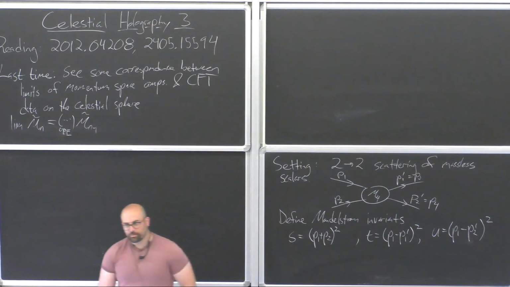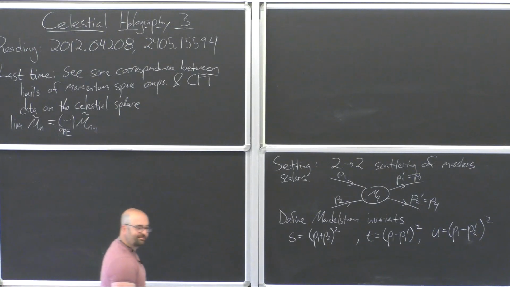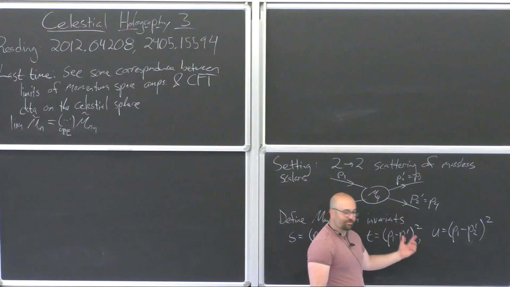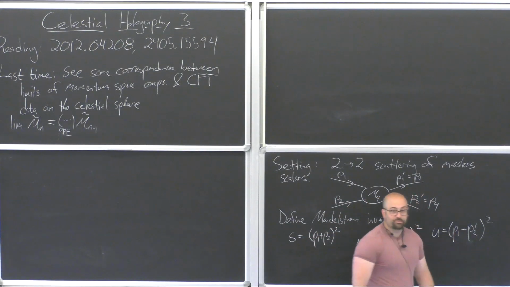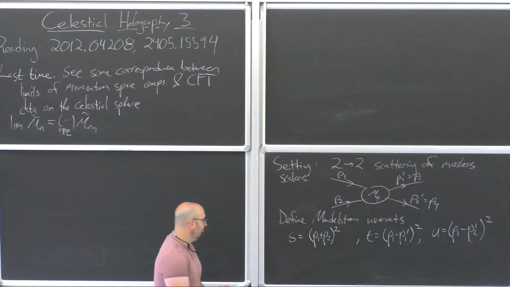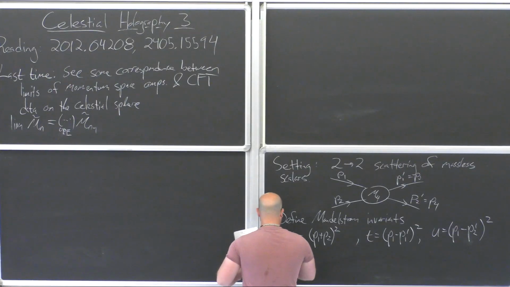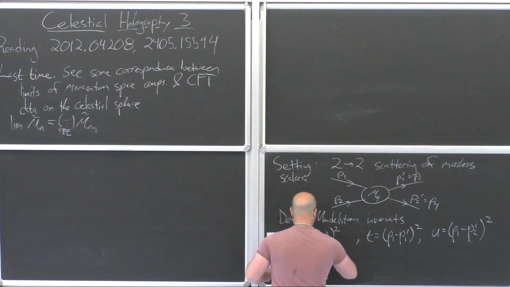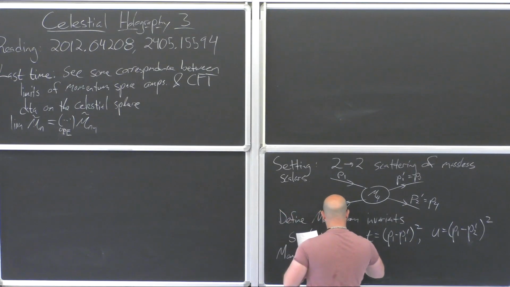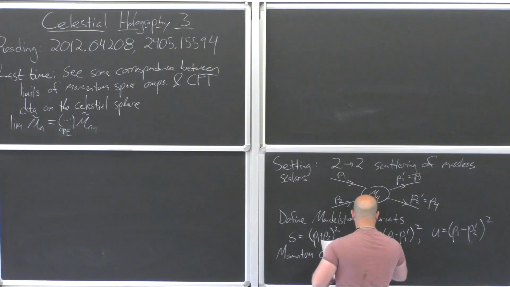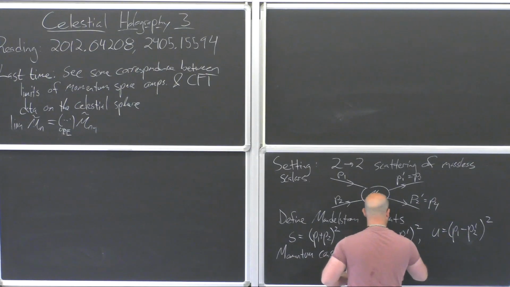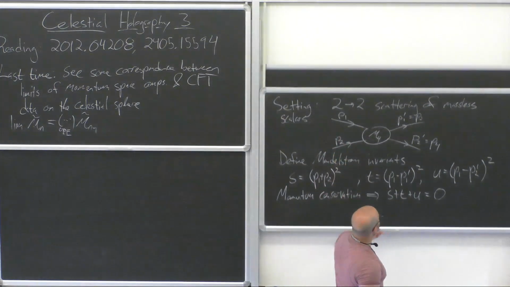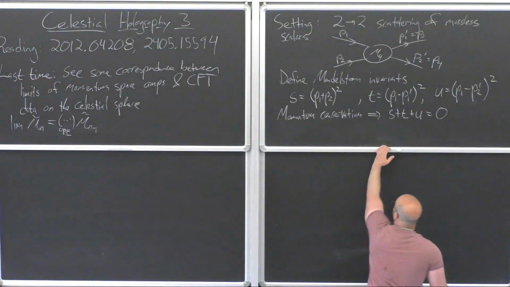Of course, because all these momenta are massless, these things are all just dot products, right? So this is just 2 P1 dot P2. This is just minus 2 P1 dot P1 prime. This is minus 2 P1 dot P2 prime. And thanks to momentum conservation, that implies that their sum, S plus T plus U, is 0.